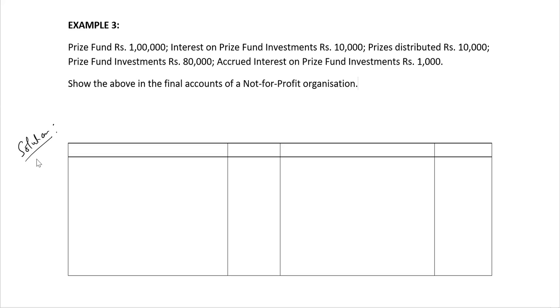So there is a price fund and details related to this price fund. So we'll depict it in the balance sheet of the organization. Balance sheet (extract). As at date is not given. On the left side we have the liabilities.